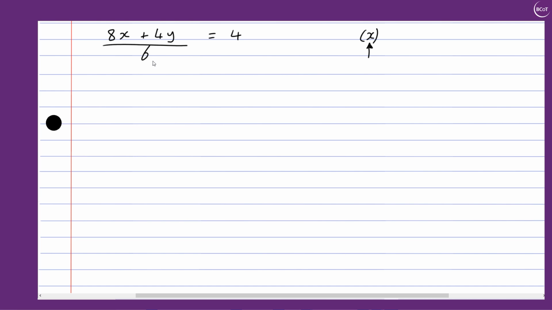So the first thing to do, because we can't move the 8x over, we can't move the 4y over yet, because all of the left-hand side is divided by 6. So the first thing to do is move the 6 over, slide and rise, from the left-hand side denominator to the right-hand side numerator. So what we'll have, we'll grab this 6, we'll slide and rise, and it'll multiply next to the 4.